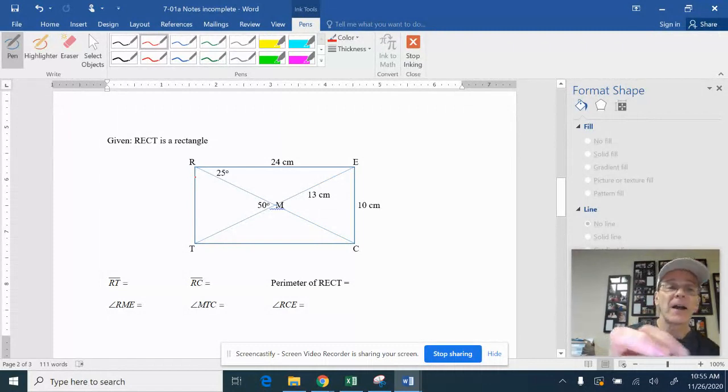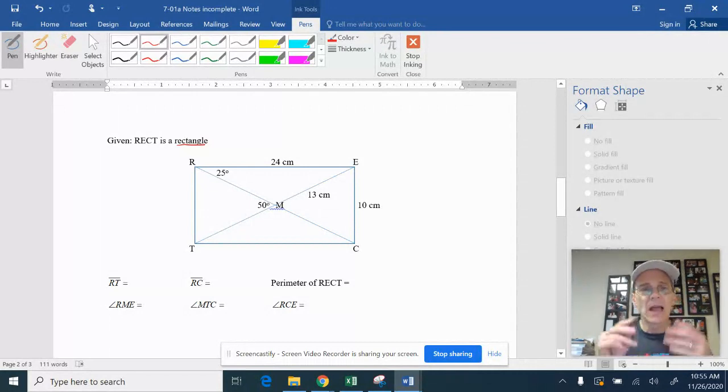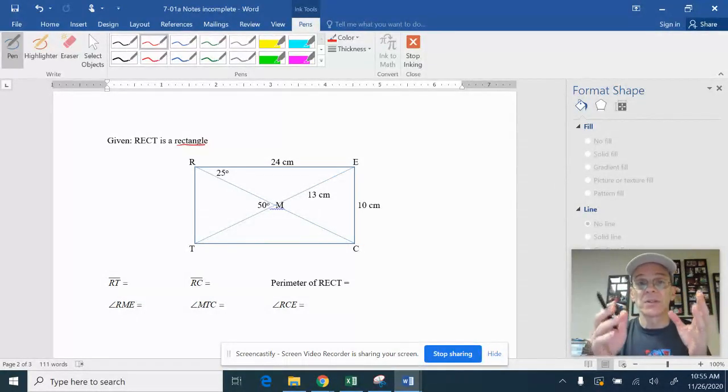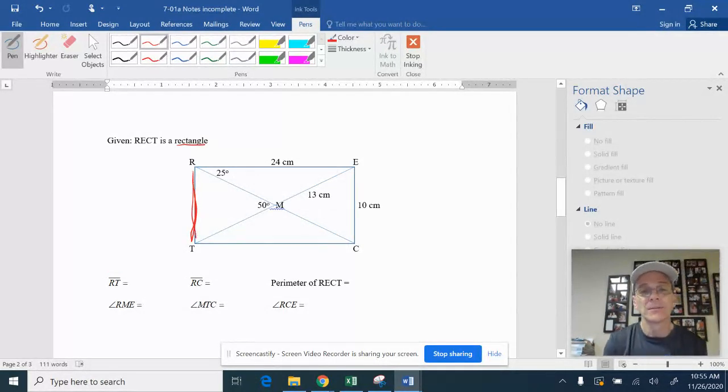If I tell you that this figure is a rectangle, now you're allowed to use your visual judgment to decide, well, again, there's lots of congruent parts over here. So let's look for segment RT's length. How long would that be? Well, wouldn't it be the same length as this segment over here, 10 centimeters?